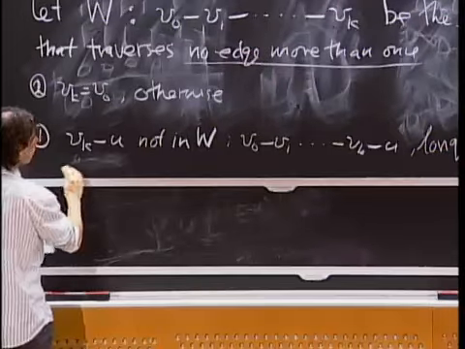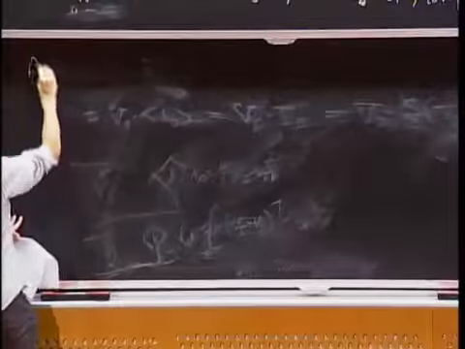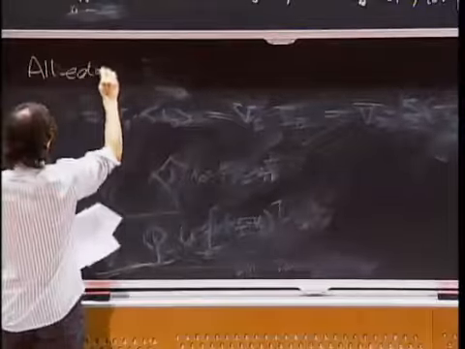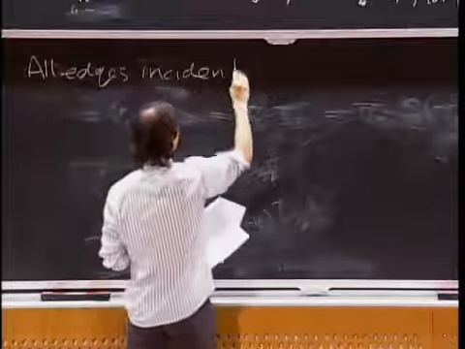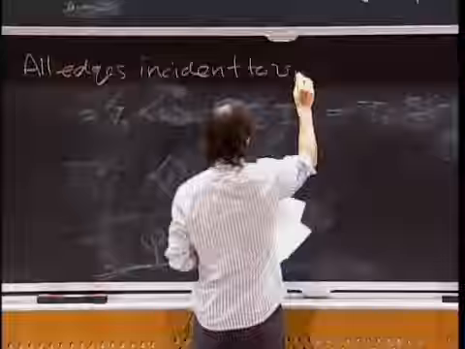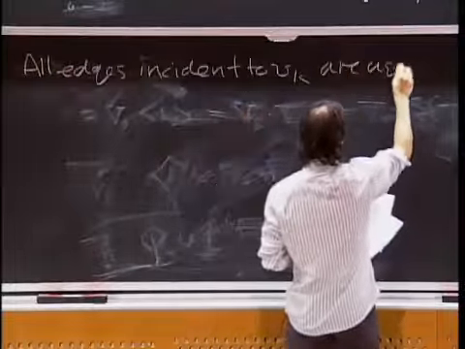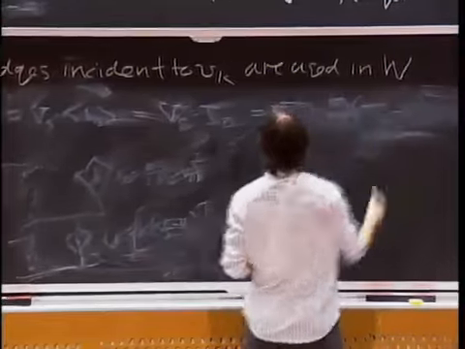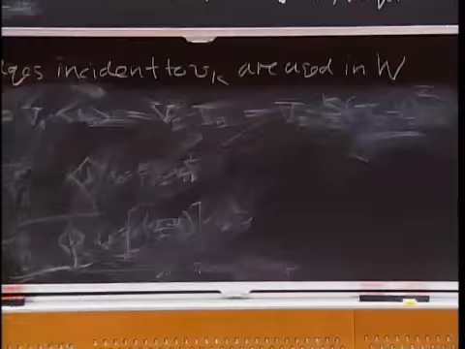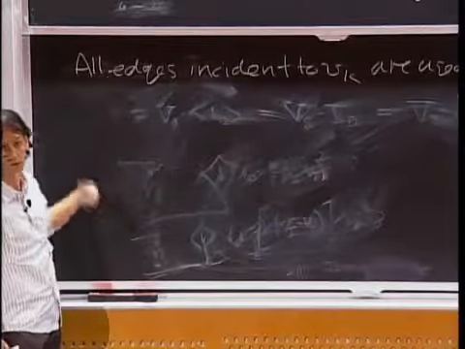So all edges that are incident to Vk are actually used, traversed in the walk W. So now let's have a look whether we can show that it's actually a walk that goes all the way around.